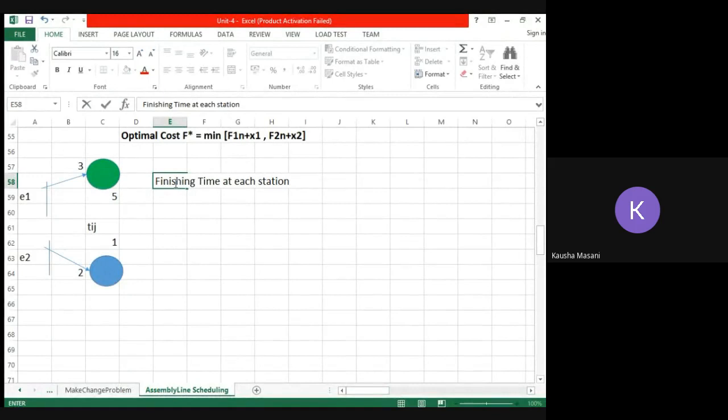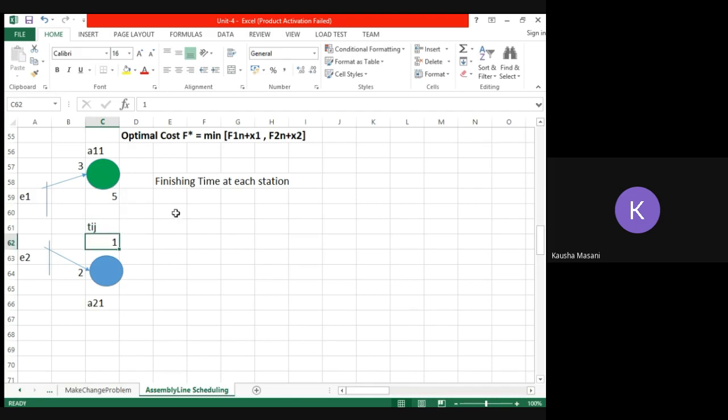If it is your first station, this is your A11 and this is your A21. Costs are given as 5 and 1 respectively.